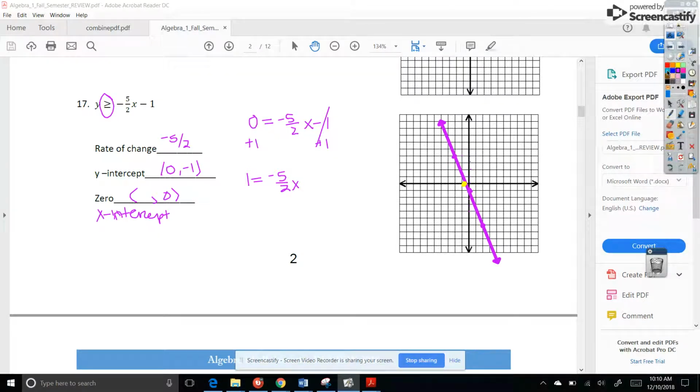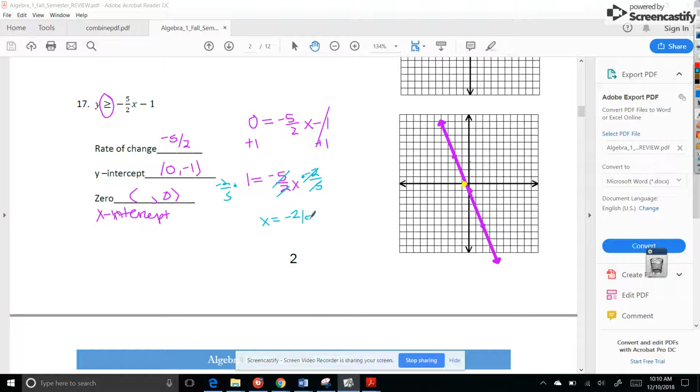The inverse of -5/2, to cancel that out, is -2/5. So x is equal to -2/5 or -0.4. That's where my x-intercept is.